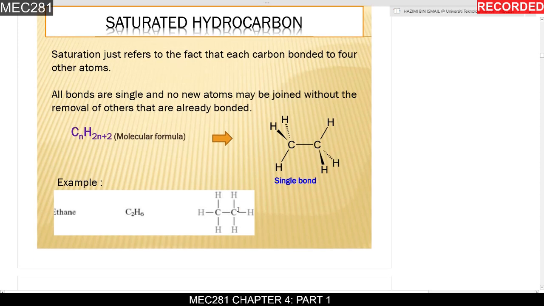For example, ethane is already a stable compound because there is no extra electron that can be shared. So this is what we call saturated hydrocarbon.